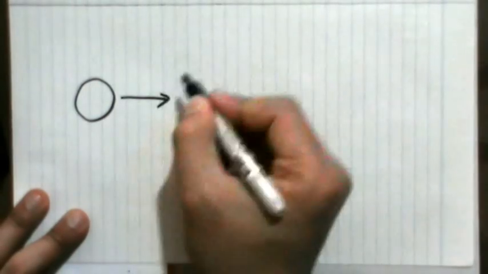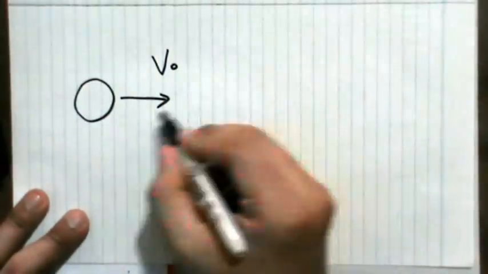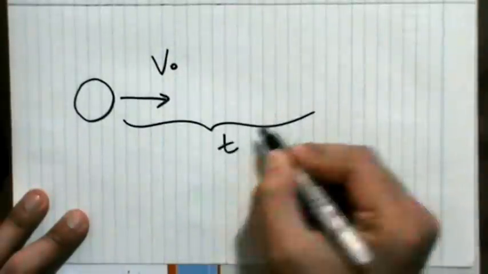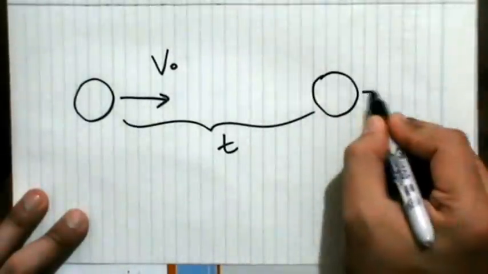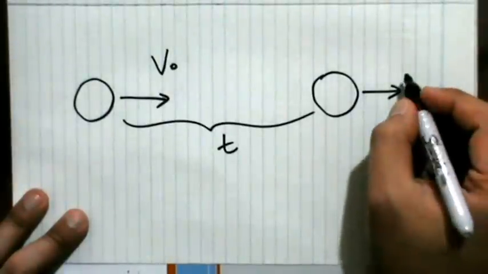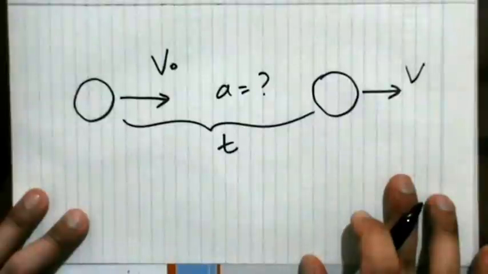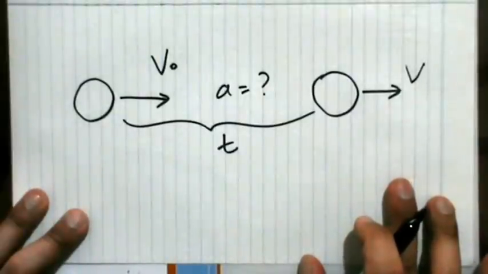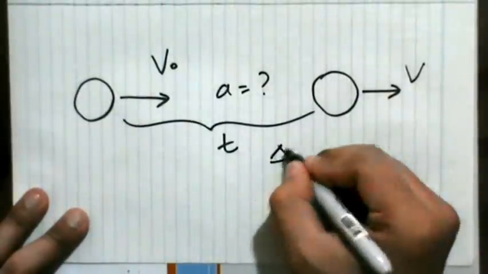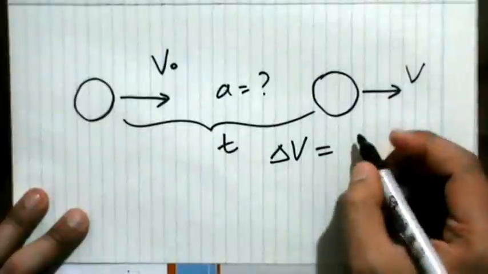Or in general, if you have an object that has an initial speed v0, and after t seconds this speed becomes v, and we are now to find the acceleration. First you need to think about the increasing speed, or delta v.